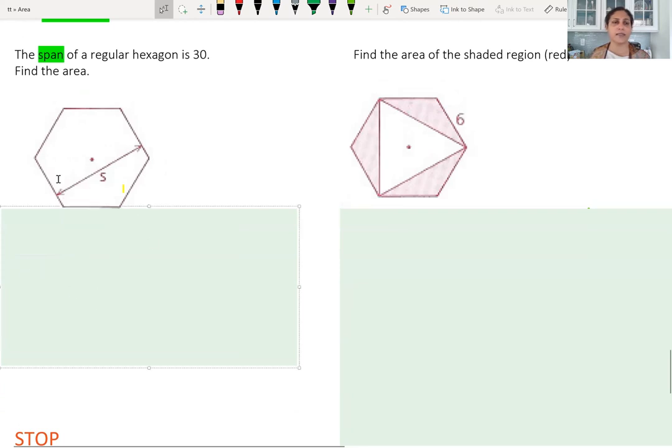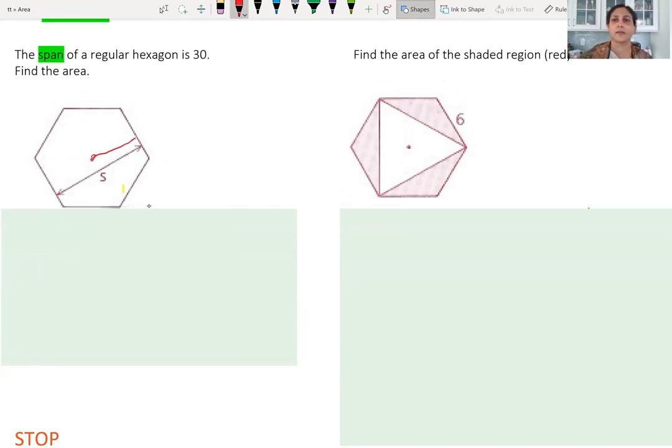The span is the distance from one side to the other side of the polygon. What do you think the span is? Think about it for a moment. So, in case you haven't figured it out, the distance from the center to the side is this much, right?